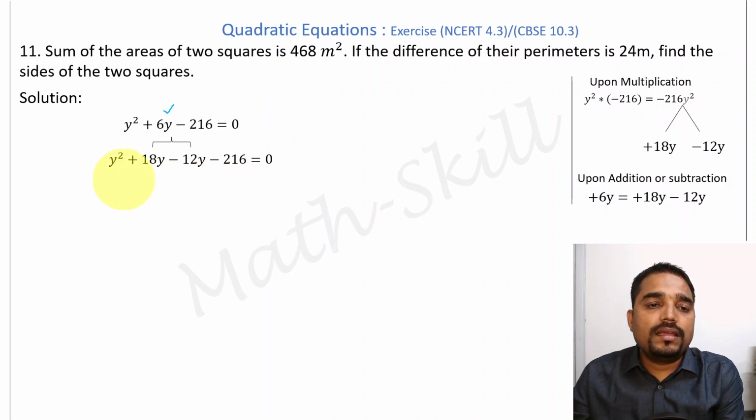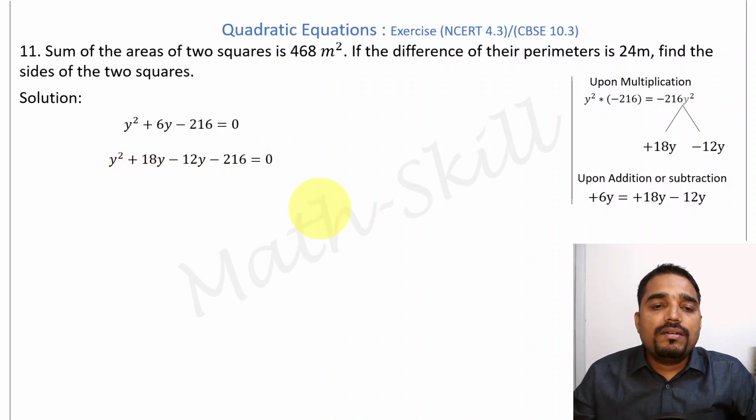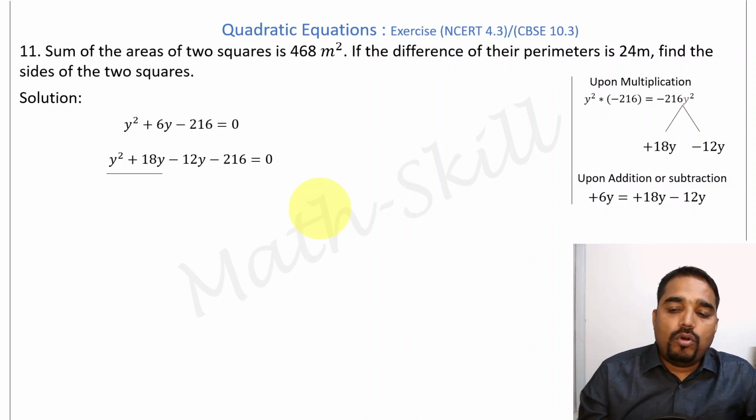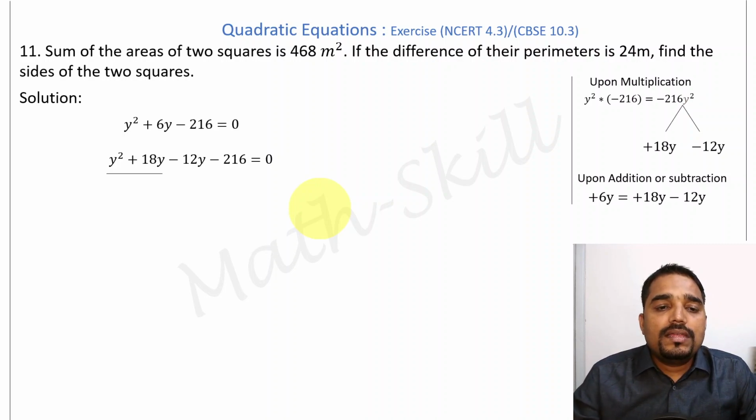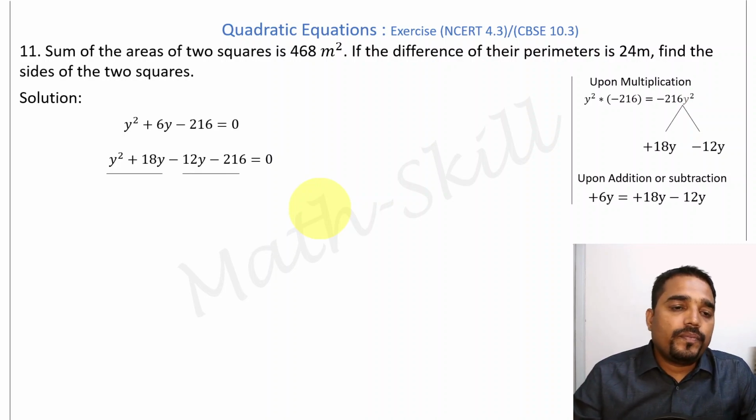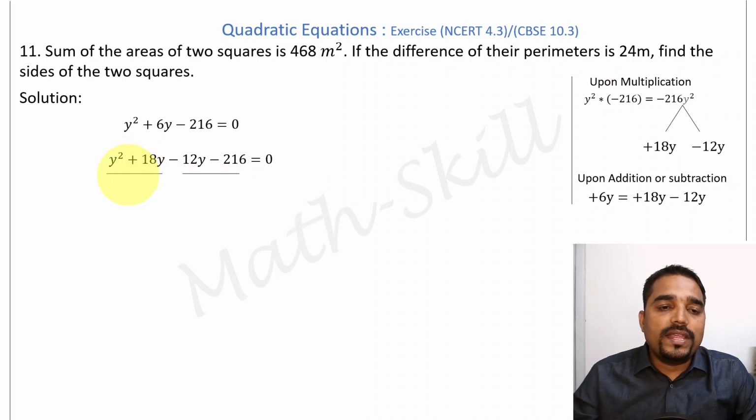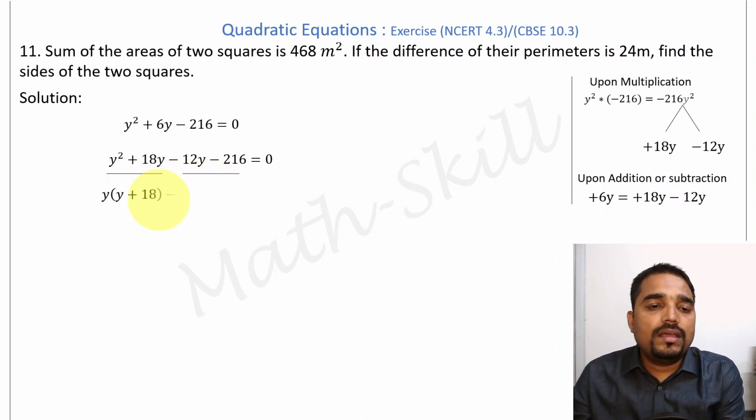Now let us take the common factor between the first two terms and also the common factor between the last two terms. Out of y square and 18y, y is common. So let's take that y as common, and out of the third and the fourth term let us take minus 12 common. If you take minus 12 common, then we are left with y plus 18 equals 0.